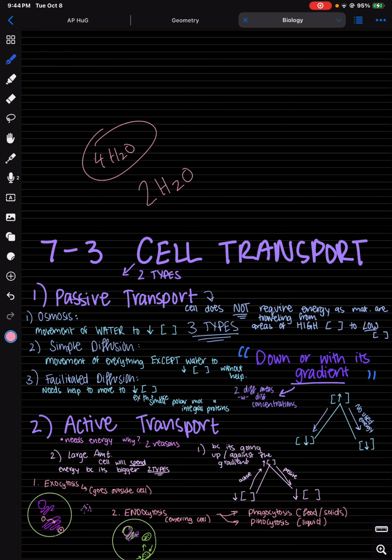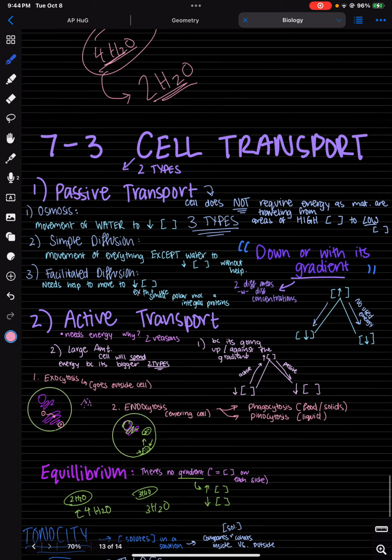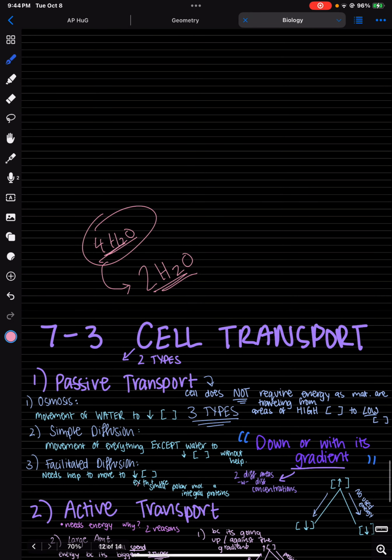So movement of water from high concentration to low concentration means that this side will give 1 molecule of water to the other area, because the goal of all these passive transports is to reach what is called equilibrium. I'll explain equilibrium later. Osmosis is just the movement of water from areas of high concentration to low concentration.